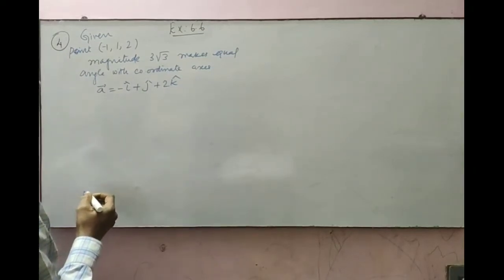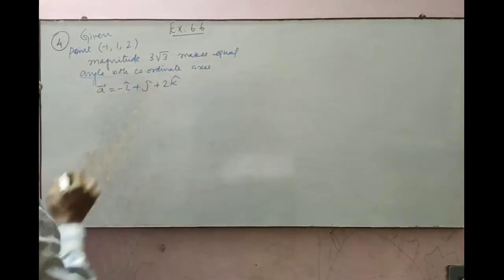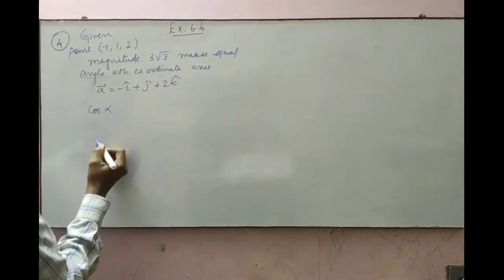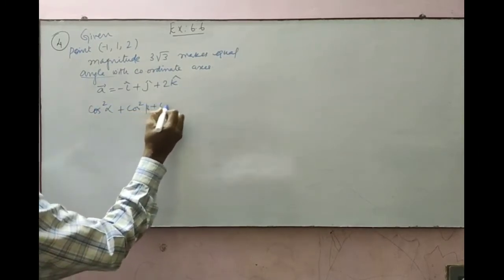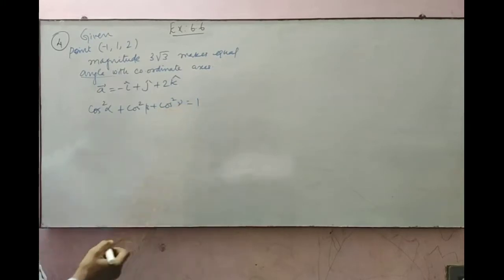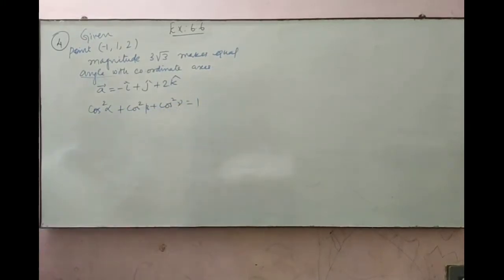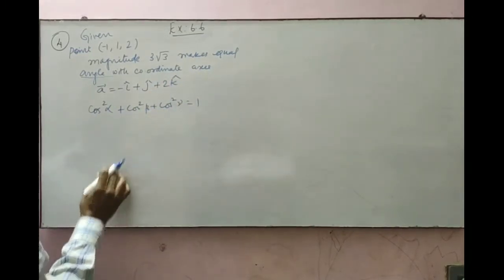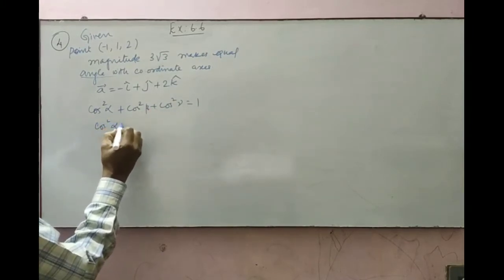And then the normal makes an acute angle with the coordinate axis. So the formula for that angle is cos square alpha plus cos square beta plus cos square gamma equal to 1. Alpha, beta and gamma are the angles with the coordinate axis. Coordinate axis means x axis, y axis and z axis. We will get this condition. But here all the angles are equal.